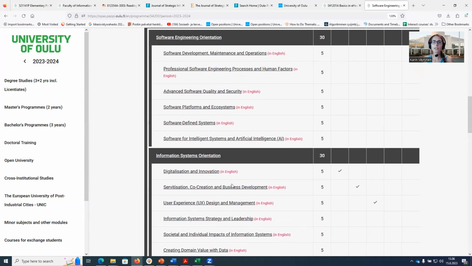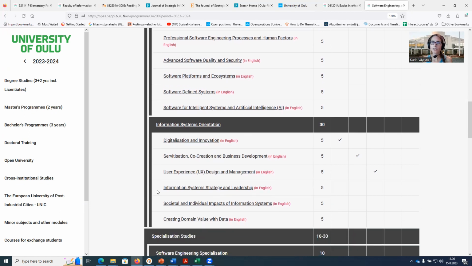Let's assume that you want your orientation to be software engineering. It means you're going to take all the courses listed under the software engineering orientation. That means the courses in the information systems orientation are not mandatory for you, so you can take any of the courses from the other orientation that you are not studying and use those as optional courses.